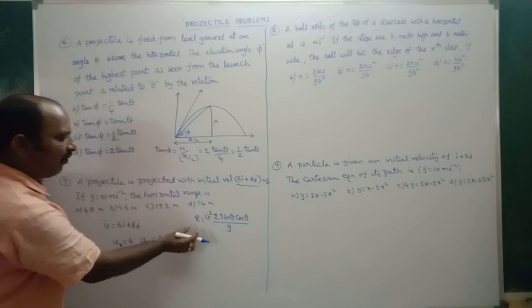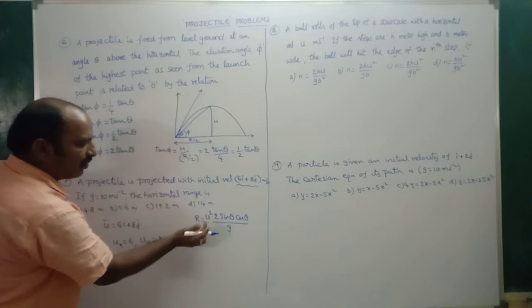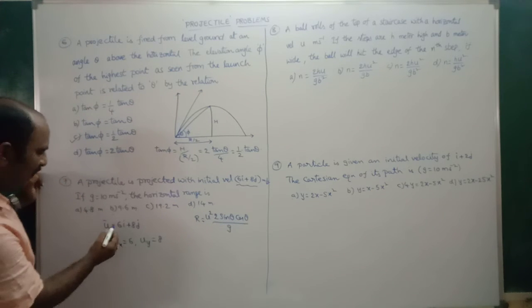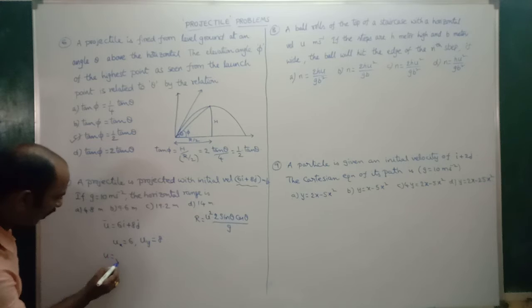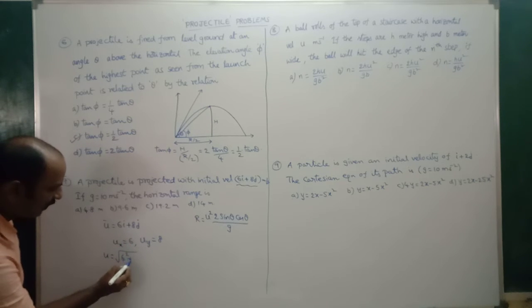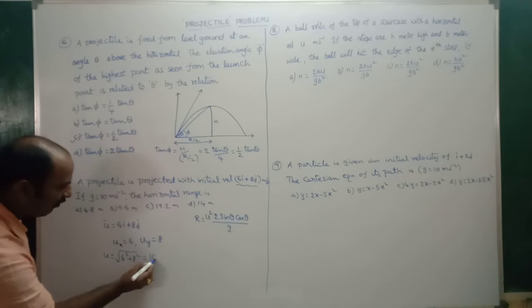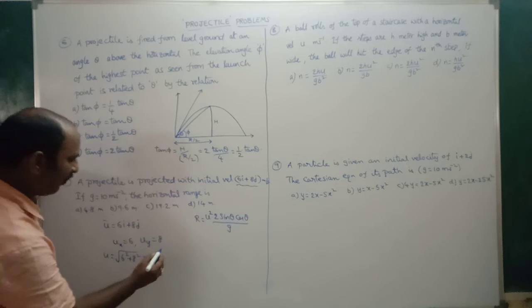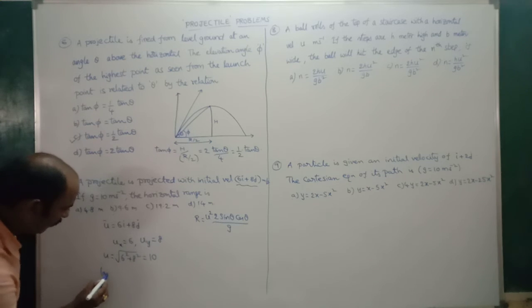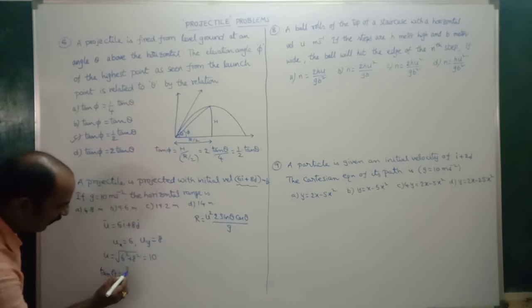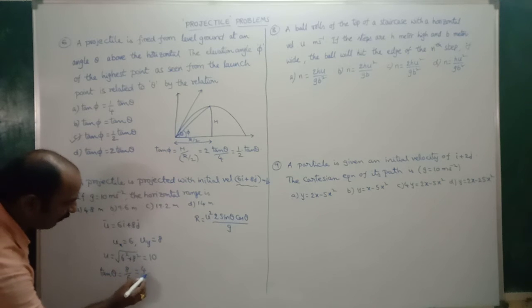Now, for getting R, we have to know the values of u, sin theta and cos theta. Now, u can be written as root of ux square plus uy square, 6 square plus 8 square. From this, the value is 10. And sin theta, cos theta values. You know, tan theta is equal to y coordinate by x coordinate, that is 8 by 6. This is 4 by 3.